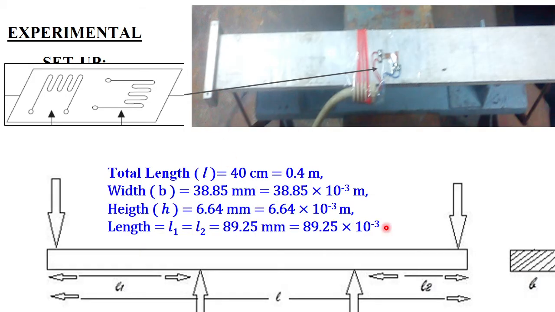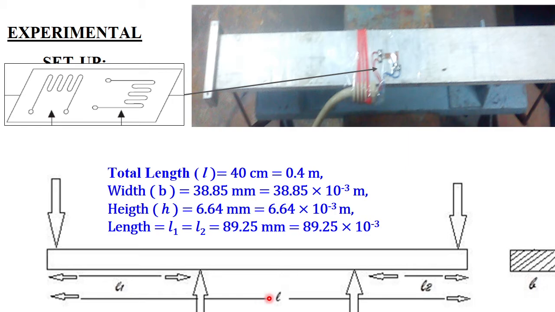That we can always find out. If the load is 1 kg, we know this length. So this P into this length is the bending moment, and corresponding to this bending moment, what is the bending stress? My by I, Euler's beam equation. So we know the stress value there, right?